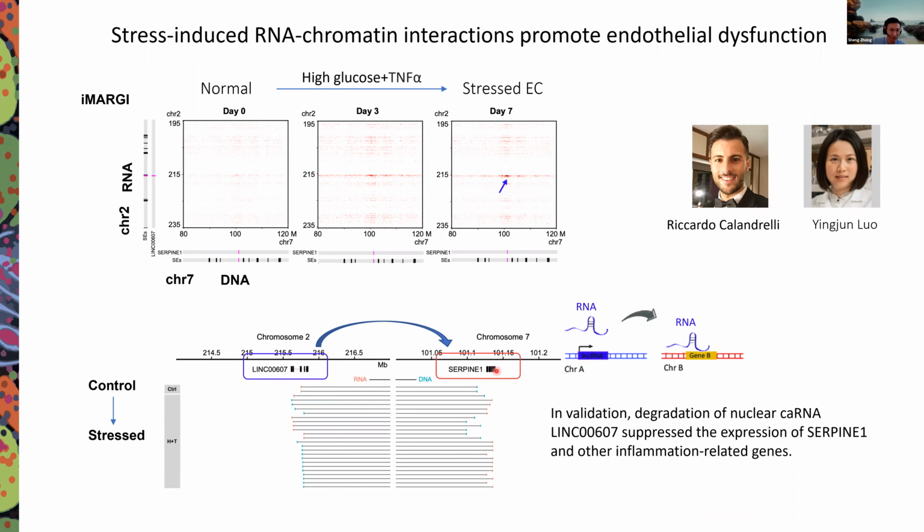When we targeted this lncRNA for degradation in the nuclei of endothelial cells, we could suppress the expression of the SERPINE1 gene. It turned out SERPINE1 is a key regulator of inflammation in endothelial cells, responsible for much of the deterioration and inflammation of the endothelial cells.